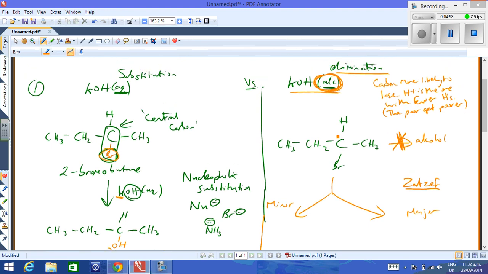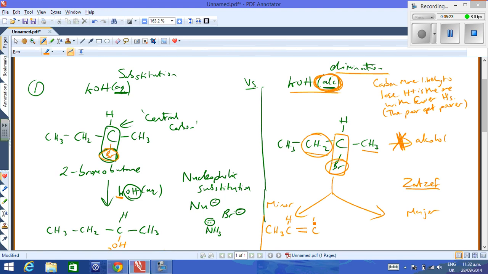Now we're not talking about the central carbon, we can't touch that, and the bromine is going to be eliminated from there. So we're looking at either carbon either side of that central one. And in this case, the most poor carbon is that one. So the major product is going to be CH3CH, where one of the hydrogens has been removed, so the double bond is established here.